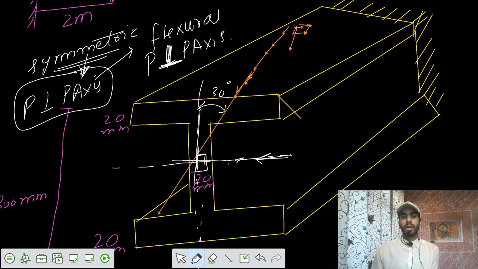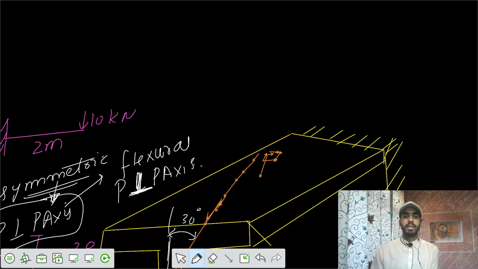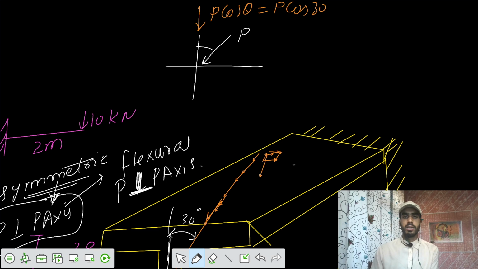So we have to resolve the vector of P. This is your vertical, this is your horizontal, and the load is acting in this direction P. This is theta. So the loading intensity in the y direction would be P cos theta, P cos 30, and in the horizontal, the z direction, it is P sin 30. So this is our Pz, in the z direction, and this is our Py, in the y direction.